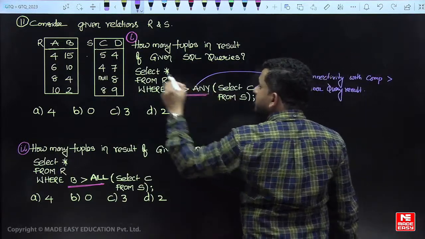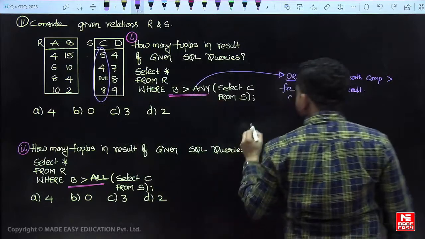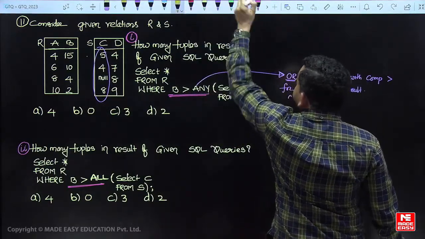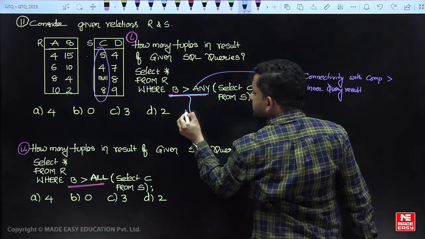The C values of the S relation have a null, so this ANY becomes like this. This B greater than ANY behaves like this.